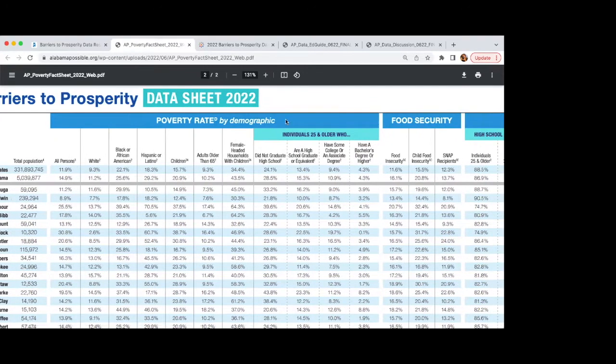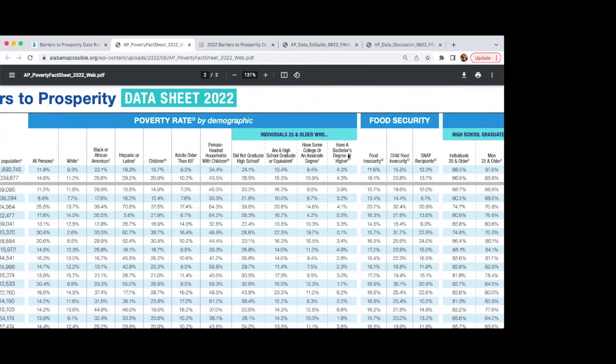And then this section right here is going to show us poverty rate by education level. For example, the poverty rate of Alabama individuals 25 or older who did not graduate high school is 28.5%.